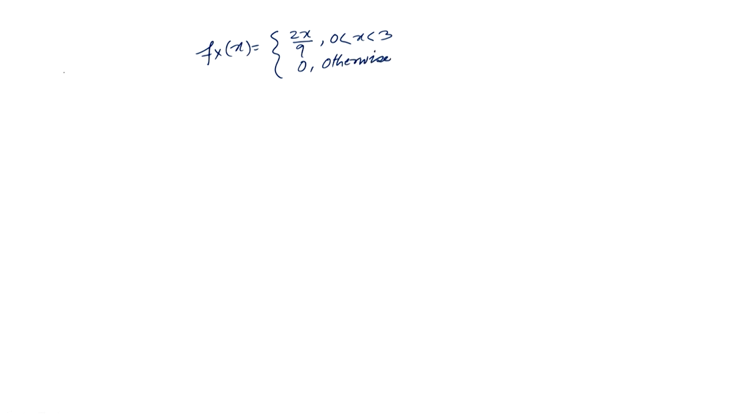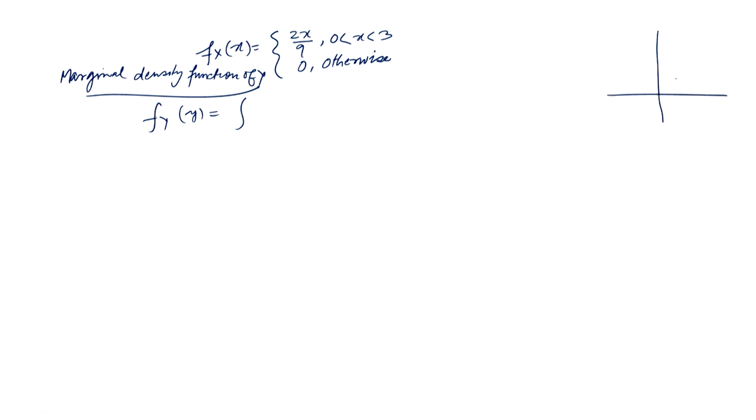Let us now find the marginal density function of y. So, f_Y(y) equal to, now this is the probability that Y takes the value y. So, x varies, we have this region.